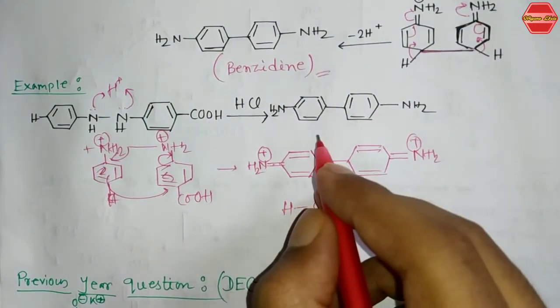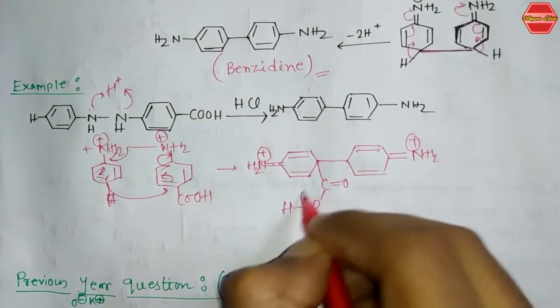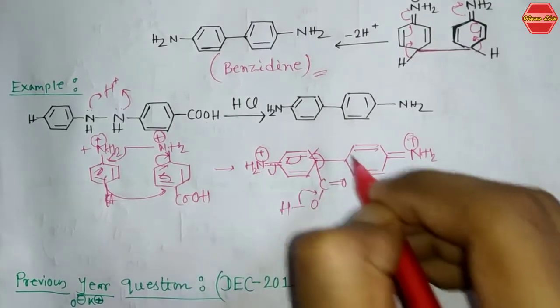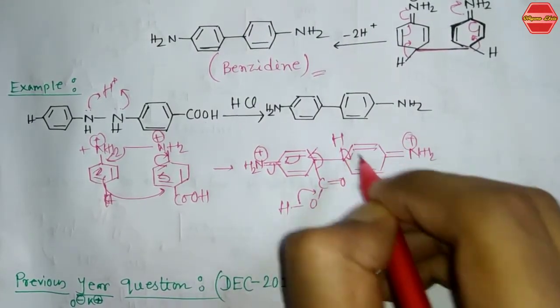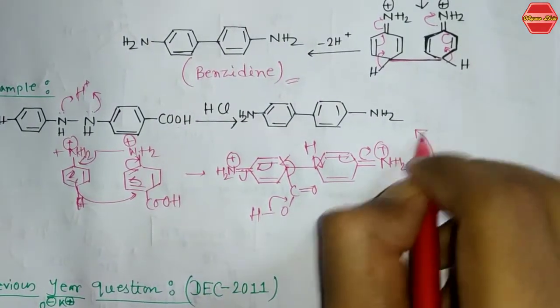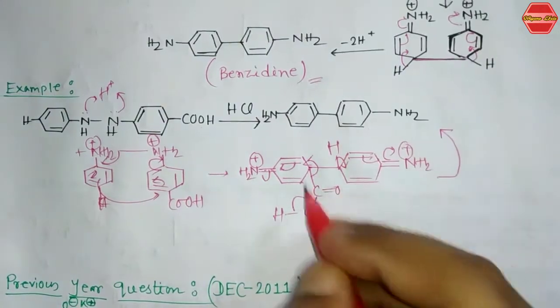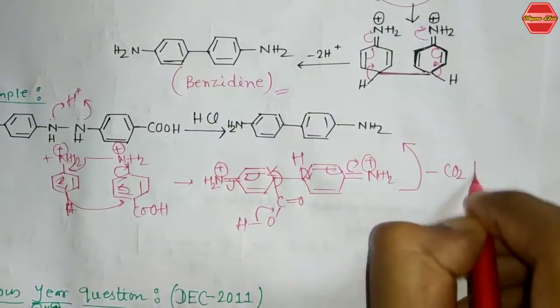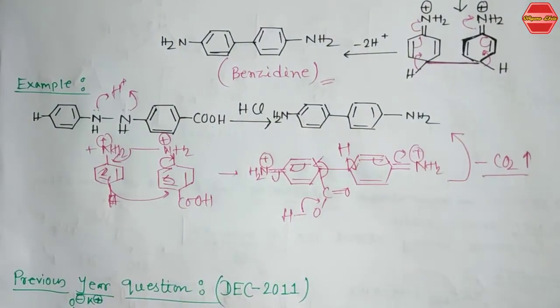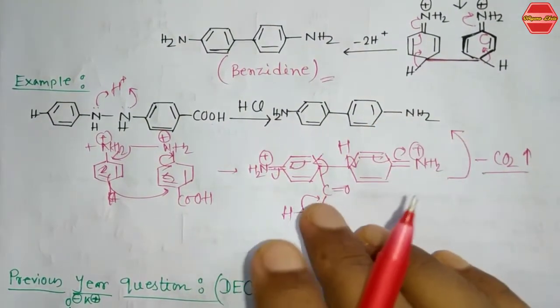Now it is going to get back its aromaticity, so it can decarboxylate in the following way, and here is your hydrogen. So this will be the observed mechanism for this product. There is a removal of this CO2 group, and finally you are getting this final product, that is this one. So this is also your benzidine.